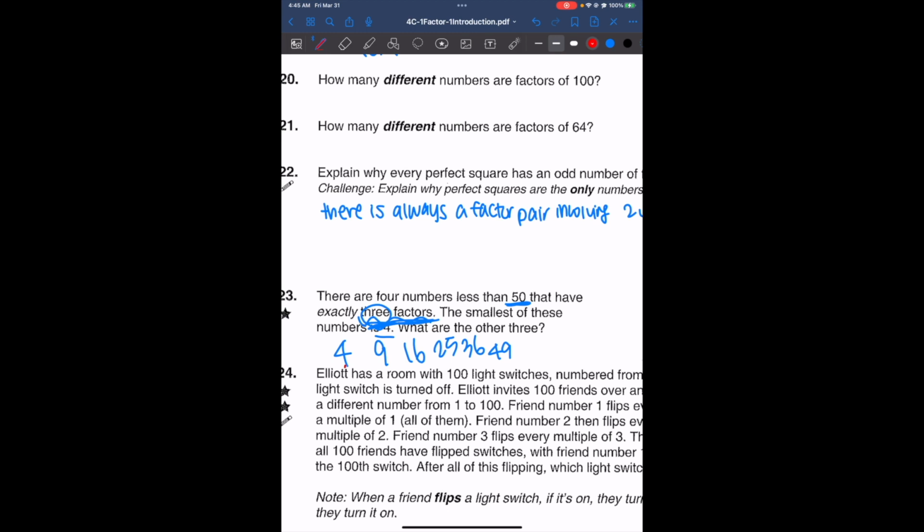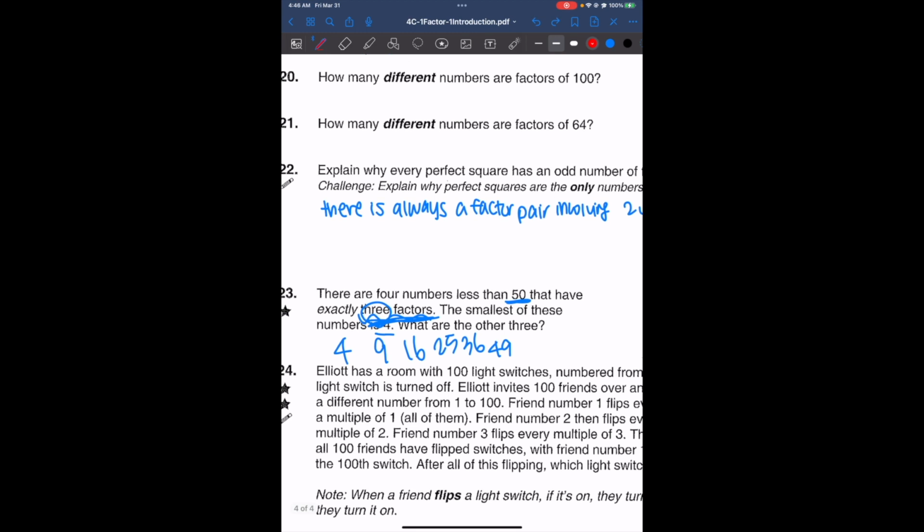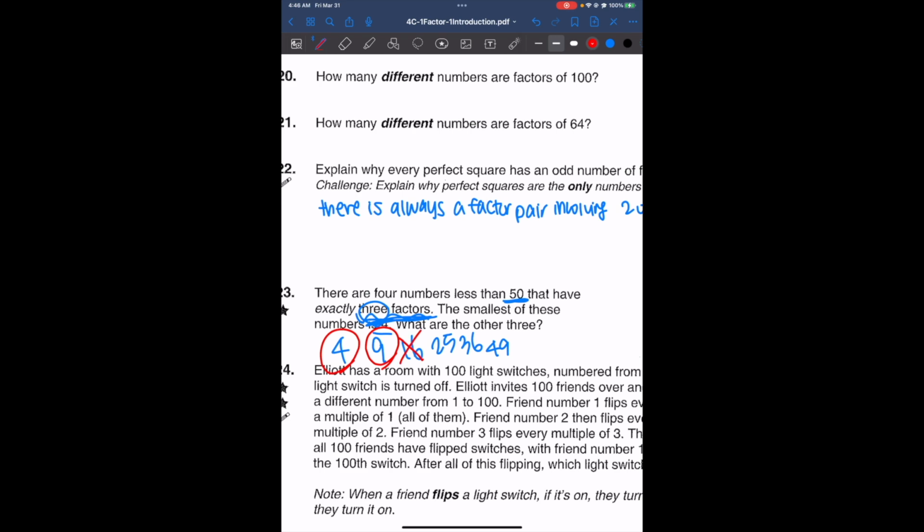So for 4, the possible factors are 1, 2, and 4. So that would be correct. For 9, the only possible ones are 1, 3, and 9. For 16, though, it can be 1, 2, 4, 8, and 16, so there's more than 3.